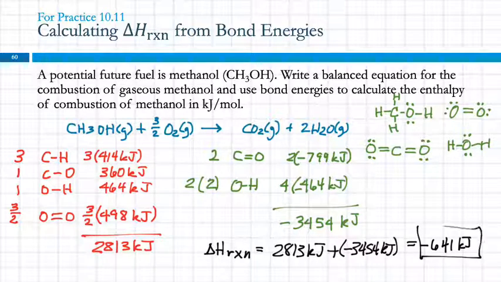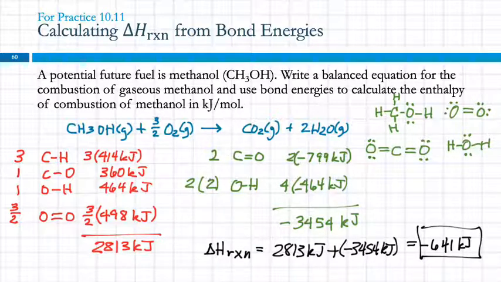Negative 641 kilojoules. So if you were to look this up, the actual change for the reaction, and also do this like a Hess's law problem, you'd get roughly 641. Yeah, you should get a similar result if you looked up the heats of formation and added those up. Now, because we're using average bond energies, this is not a super precise number, but it's relatively easy.